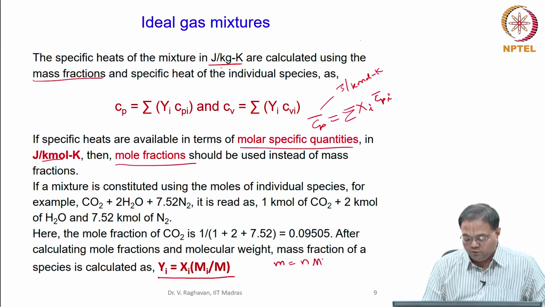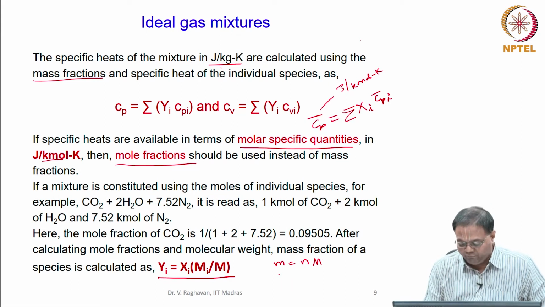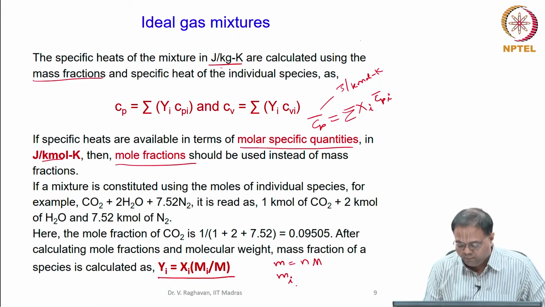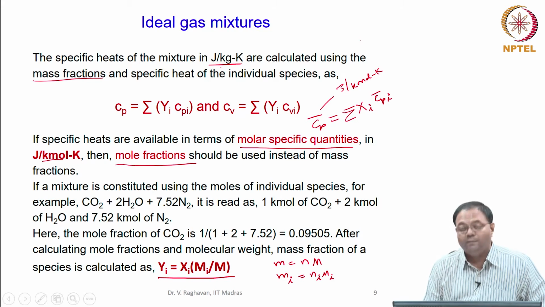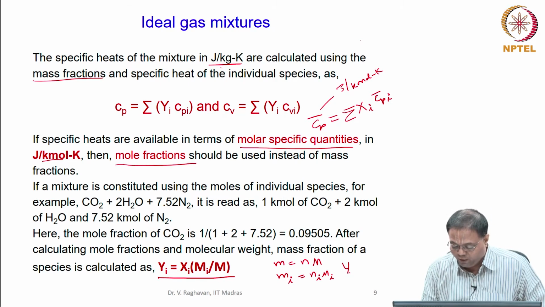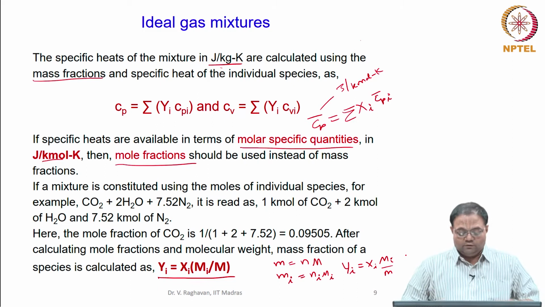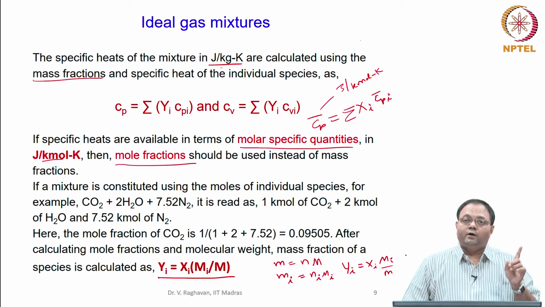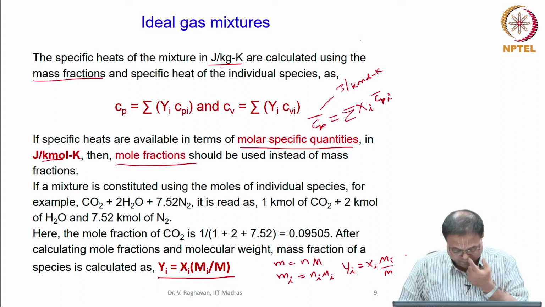This is for the mixture. If I write for the ith component, Mi equals Ni times Mi, where capital M is the molecular mass. Now you divide, and you get Yi equal to Ni by N, which is Xi, times Mi by M. That is the way you get the relationship between the mass fraction and the mole fraction.